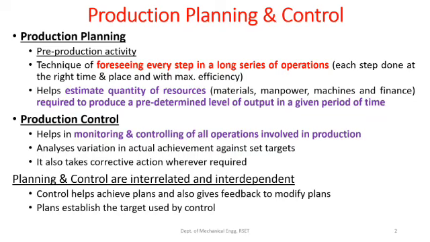This is because the production control function is what helps achieve the production plans, and also production control gives the planning department the necessary feedback as to how a particular plan can be modified. Sometimes certain plans might not be practically feasible. So once you put it into practice, you see that it is never possible for the production team to achieve those particular targets set by the production plan.